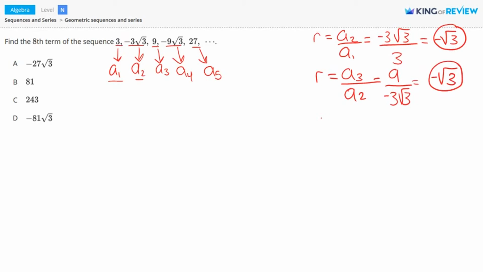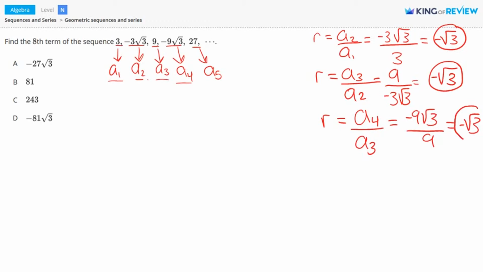Let's compare one more. Let's compare A4 with its previous term of A3. A4 is this one here, which is negative 9 square root 3, and A3 is 9. So we get negative square root 3. So you can see this is definitely a geometric sequence because we have a common ratio.